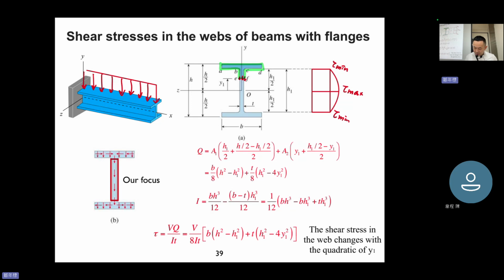However, if EF goes up to the flange, we cannot do that, because it is too complicated. So our focus is only at the web part. So now let's determine its Q here.